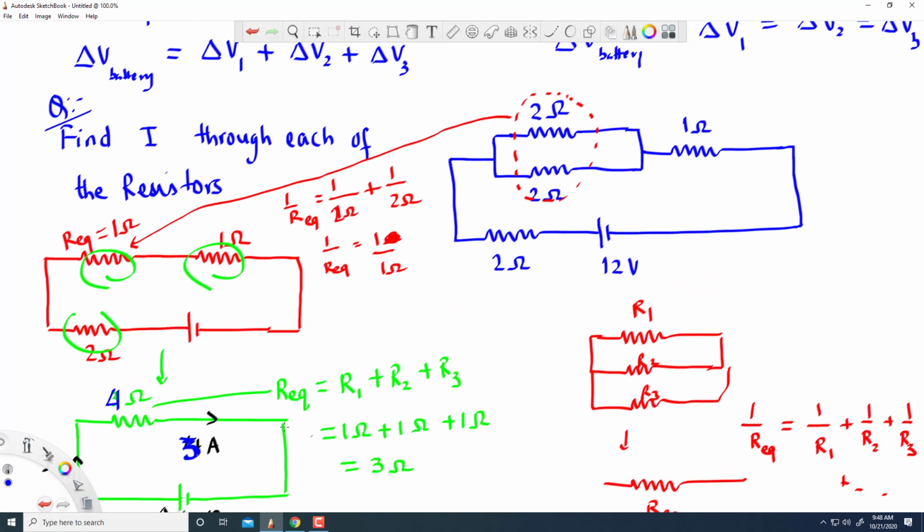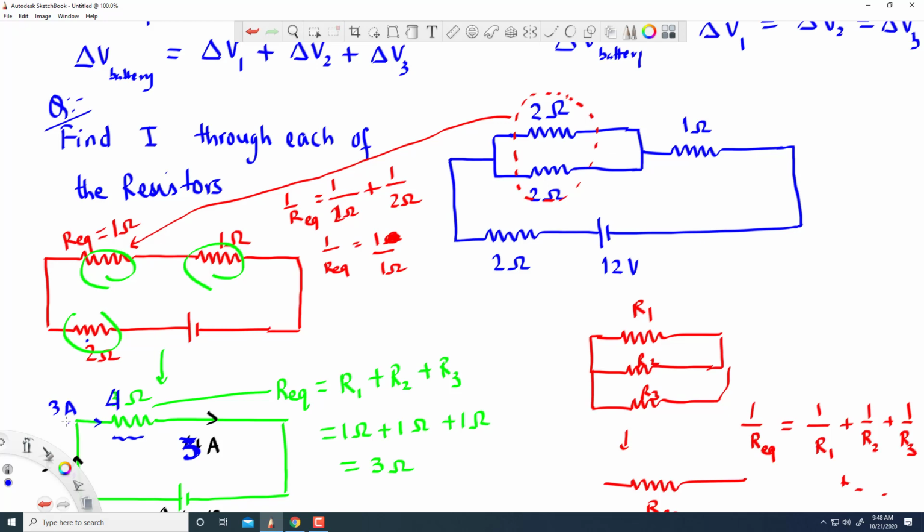Now, if you go one step backward, you see that this resistor is the combination of 3 resistors in series, this one, and this one. So whatever current is flowing through this combined resistor, which is 3 amperes here, the same current would appear on each of these resistors because they are in series.